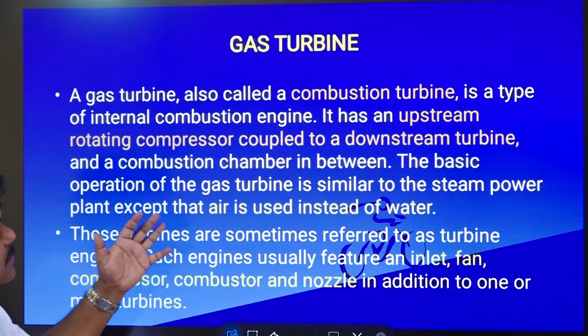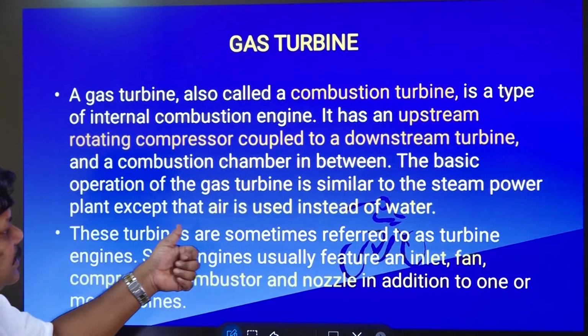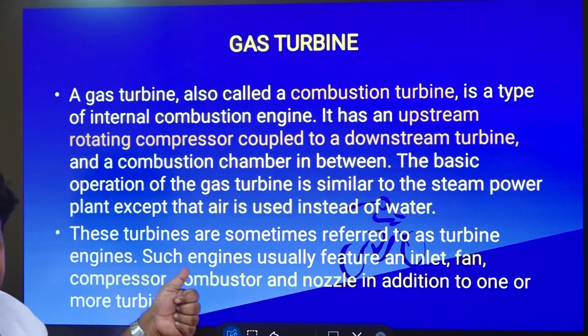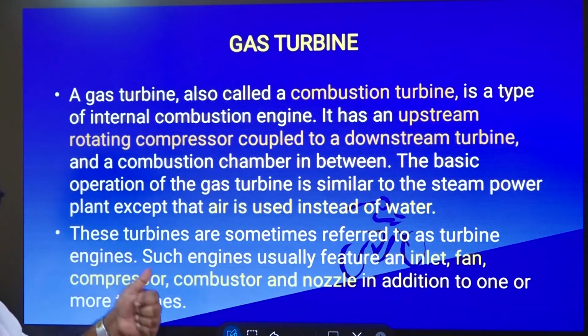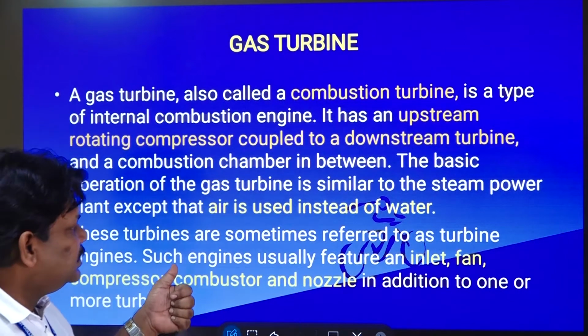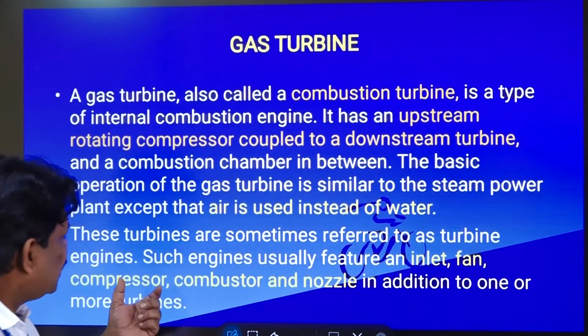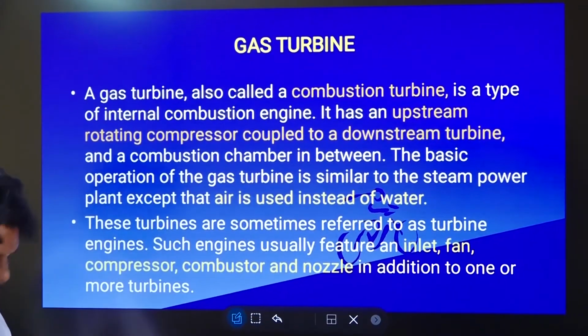The basic operation of this gas turbine is similar to a steam power plant, except that air is used instead of water. These gas turbines are sometimes referred to as turbine engines. Such engines usually feature an inlet, fan, compressor, combustor and nozzle, in addition to one or more turbines.